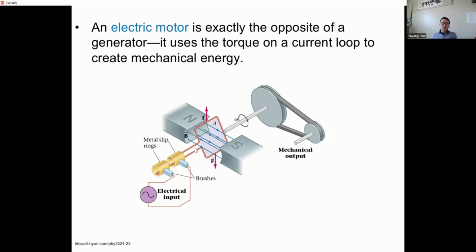The input current goes through the coil, these two sides, and it's a loop of coil in the magnetic field. So there's a magnetic force on one side and also on the other side. That makes the whole thing turn, and that generates a mechanical output. So that's how it is the reverse process of an electric generator.